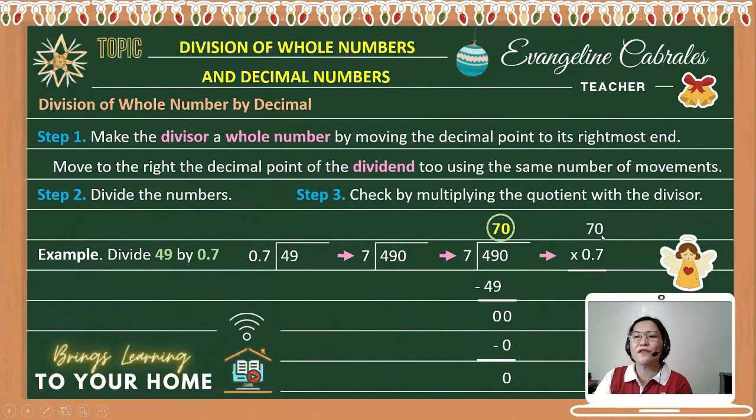So, 70 times 7/10 will become 49. Although may decimal place dito at decimal point because of 7/10, considered na wala na rin naman yon dahil 0 nga ito. So, kapareho lang halos yan ng original dividend which is 49.